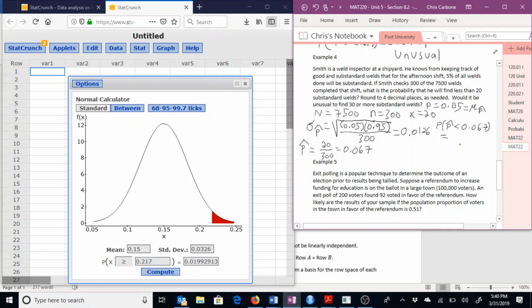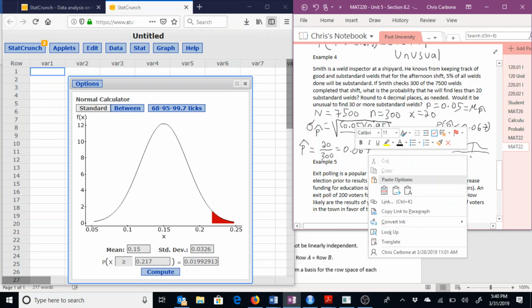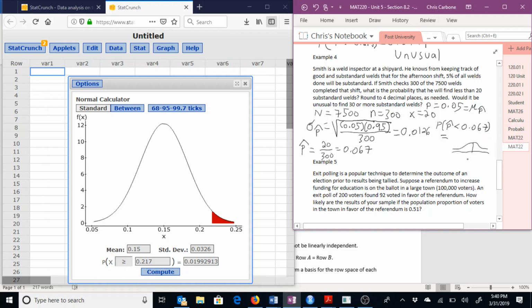And again, just to give a very rough sketch of what the area is going to look like, if our population proportion of 0.05 is right here, 0.067 would be about over here-ish.